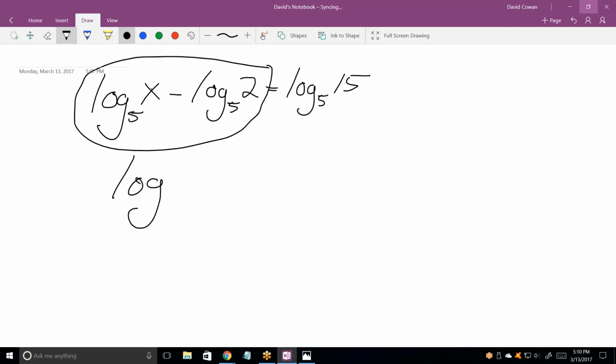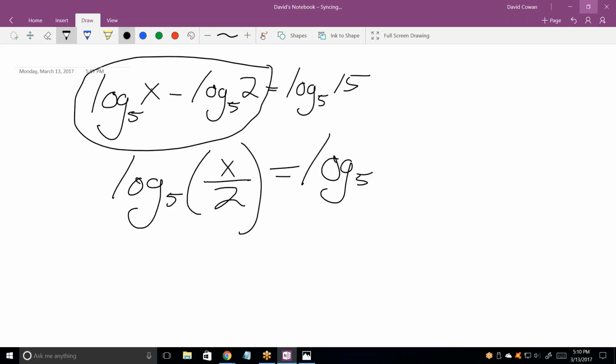Can we use the second principle? Say log base 5 of x over 2? Okay. Now, what can I say? You can cancel out the logs. You're not really dividing by log base 5, but you can think of it that way.